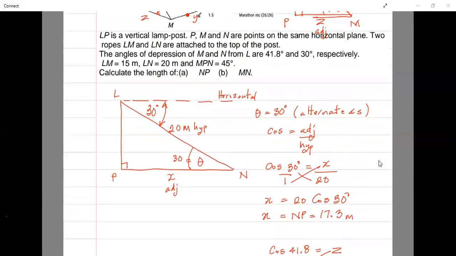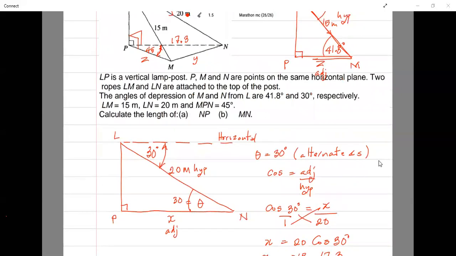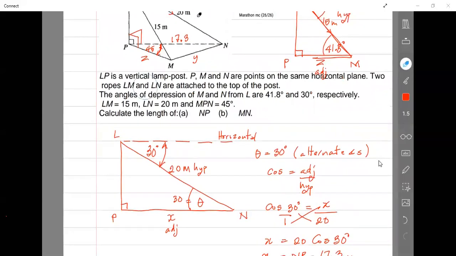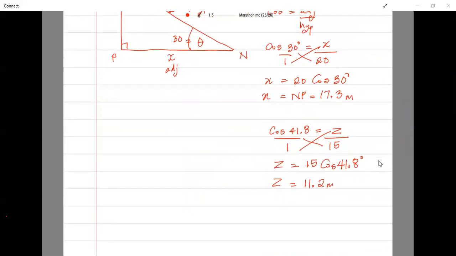So back to our diagram, this we just found is 11.2 meters. And now we're asked to find MN, which is here. So let's draw our scenario. This is the scenario we have. Let me turn the page.